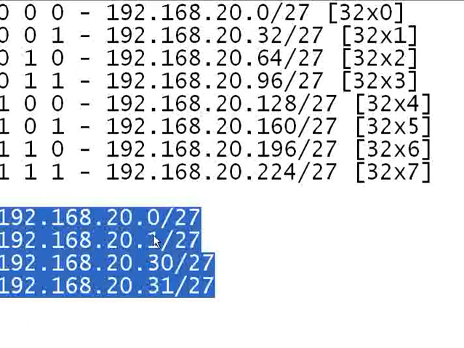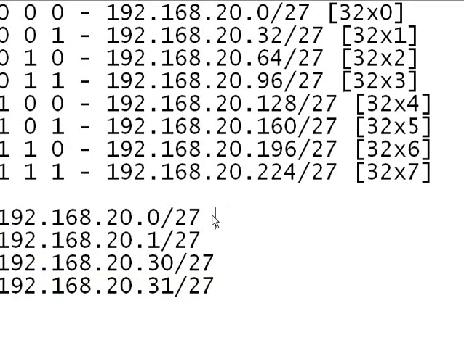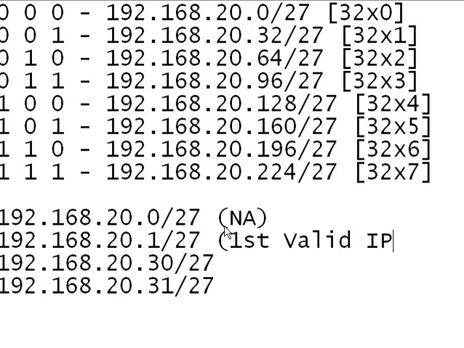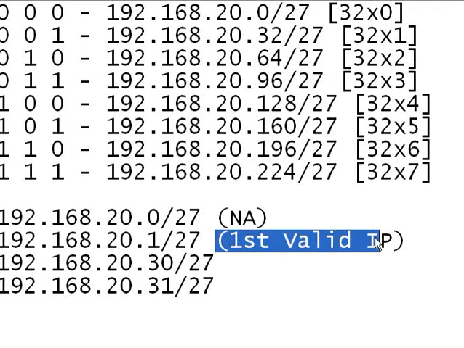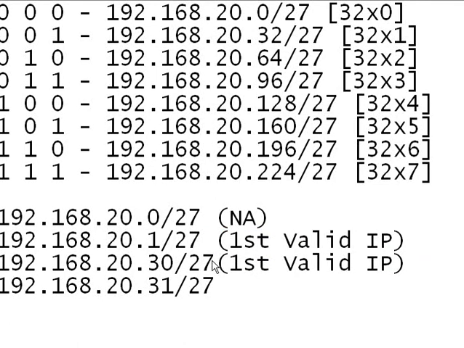Let's write it: network address, first valid IP, last valid IP, and this is the broadcast address. So this is the first subnetwork.